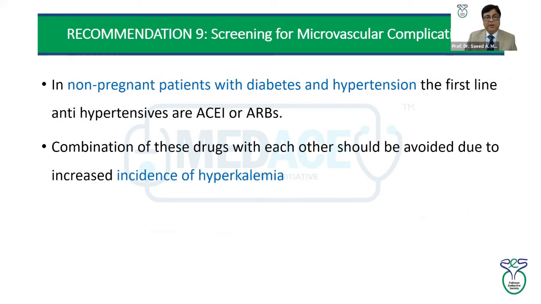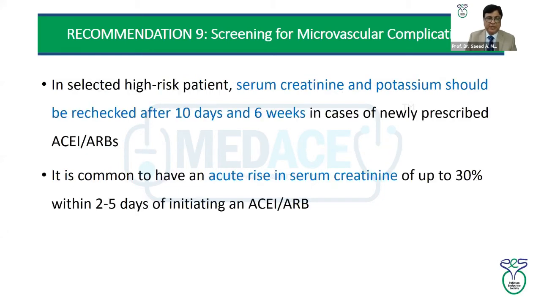In non-pregnant women with diabetes and hypertension, the antihypertensive ACE inhibitors or ARBs should not be combined, because the combination increases the incidence of hyperkalemia, and that's not recommended by us, the Pakistan Endocrine Society.